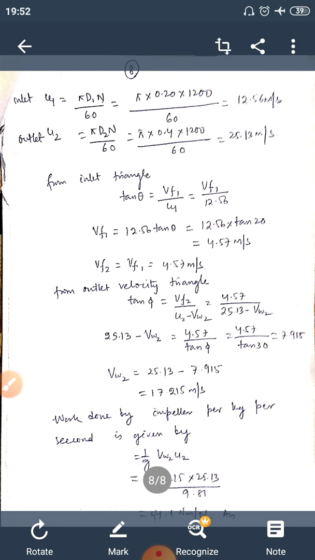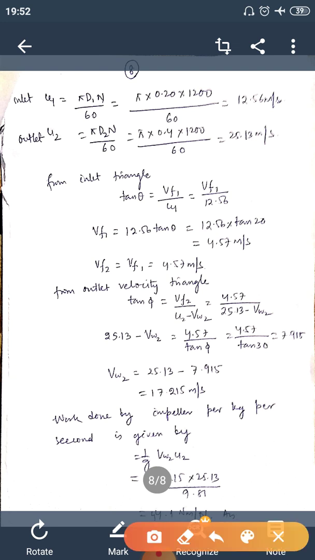Then first we will calculate U1. U1 is equal to pi d1 N by 60, that is equal to 12.56 meter per second. U2 is pi d2 N by 60, that is equal to 25.13 meter per second. From the inlet triangle, tan theta is equal to Vf1 by U1, that is Vf1 by 12.56.